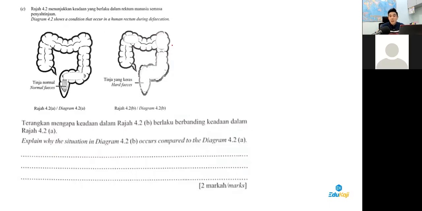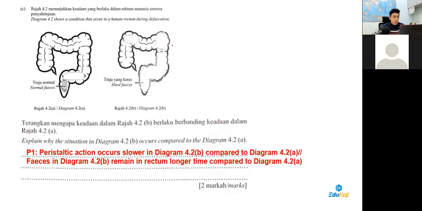One of the reasons is lack of water intake, lack of dietary fiber. Peristaltic action is slower, less water absorption at 4.2b.